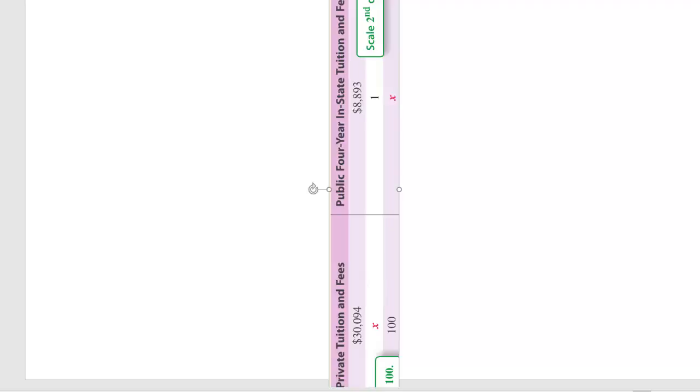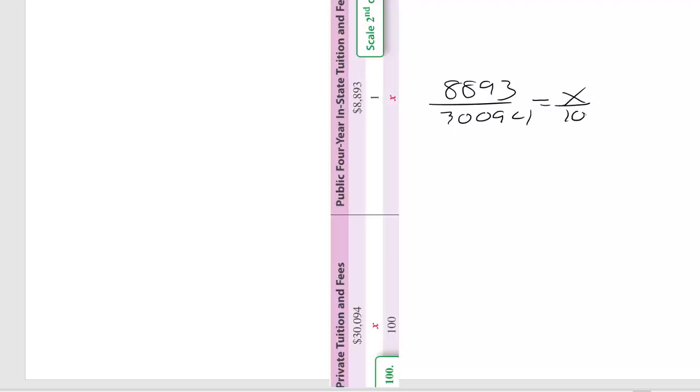And the math is a lot easier to do because we're simply just calculating. 8893 over 30,094 is x over 100. And if we want to solve for x, we're just going to multiply both sides by 100 to cancel that out. And then this is going to be our solution.